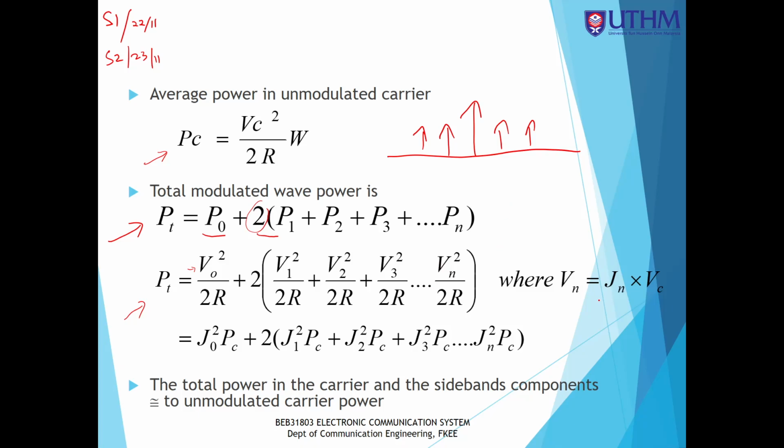And as we have learned previously, what is V? Voltage amplitude is equal to relative amplitude multiplied with carrier voltage. Then we can get the real amplitude. As I mentioned previously, Jn is equal to Vn over Vc. So when we want to calculate the amplitude, we just multiply the relative amplitude with the carrier voltage.